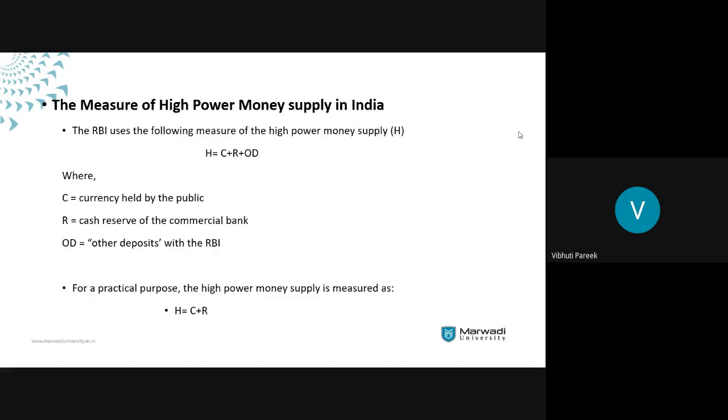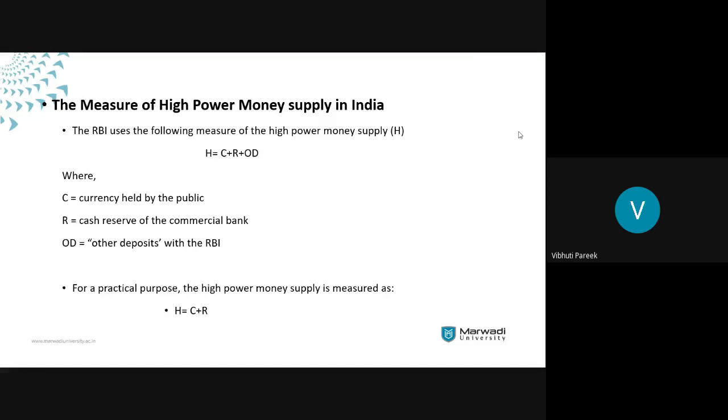Now, how will we measure the high power money supply in India? This is the formula: H is equal to C plus R plus OD, which is used by RBI in order to measure the high power money supply. Here C is the currency held by the public, R is the cash reserve of the commercial banks because commercial banks have to keep some cash reserve, and OD stands for other deposits.